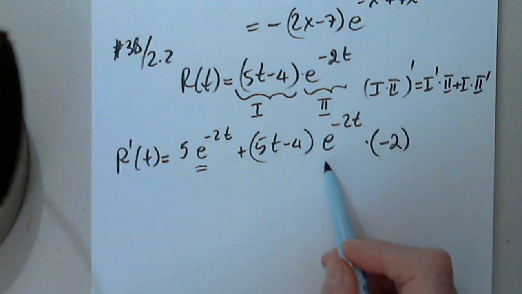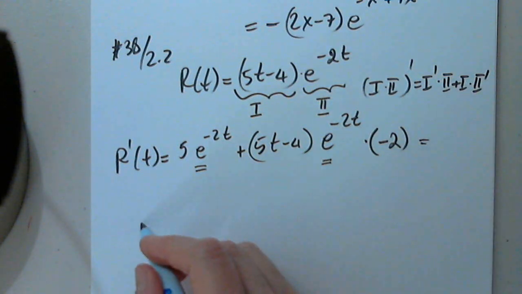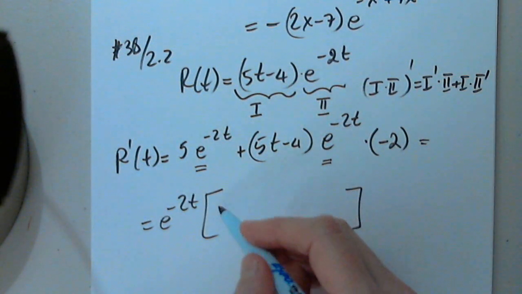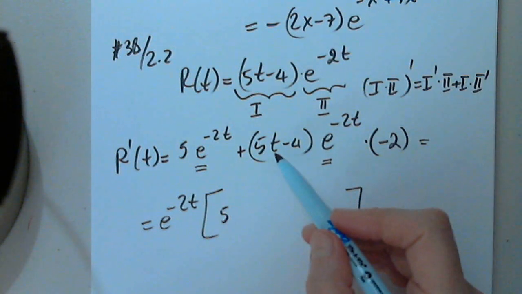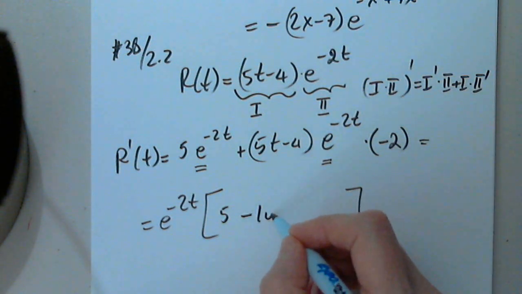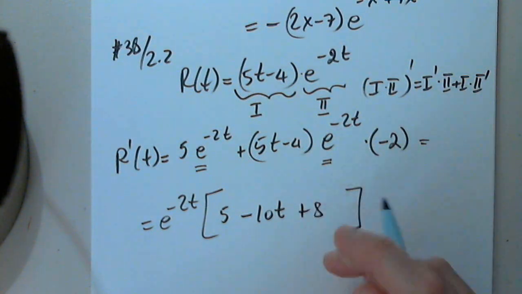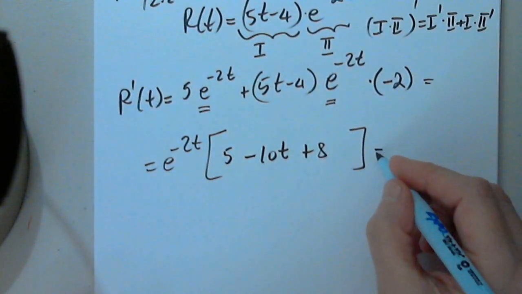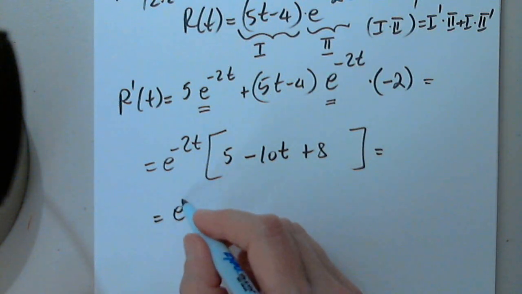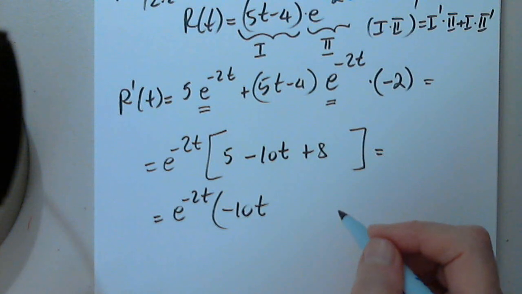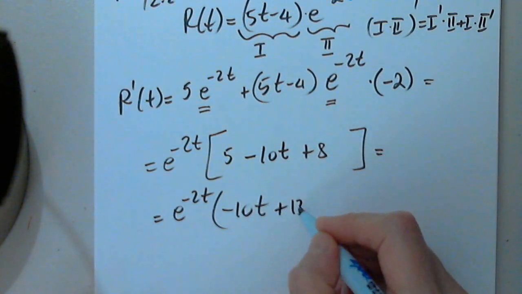I will definitely factor out this, e to negative 2t, and let's see what happens. I have a 5. I have a negative 2 times 5t, and I have a negative 2 times negative 4. So my final form will be e to negative 2t times negative 10t plus 13.